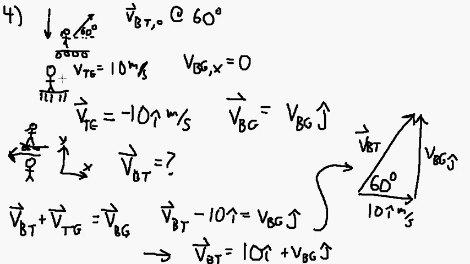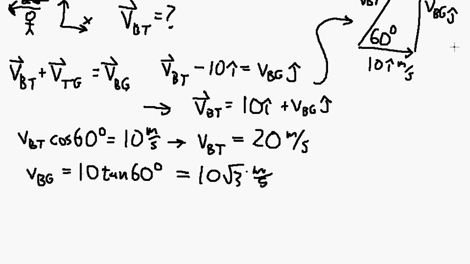So this is the initial vertical velocity of the ball, V B0 Y, the ball's initial velocity with respect to the ground in the y direction. It looks ugly, with four subscripts, but it's this.